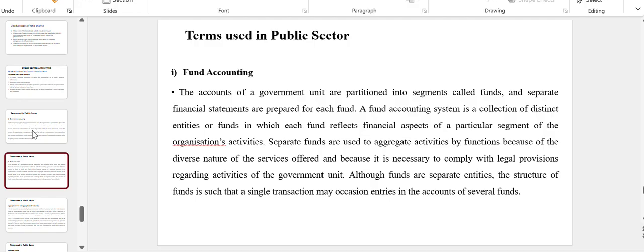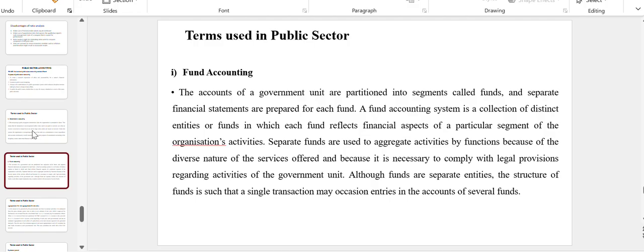We have what we call the equalization fund that is normally maintained to cater for people in marginalized areas. Okay, we have the consolidated fund whereby all monies received by the government is maintained in that account.